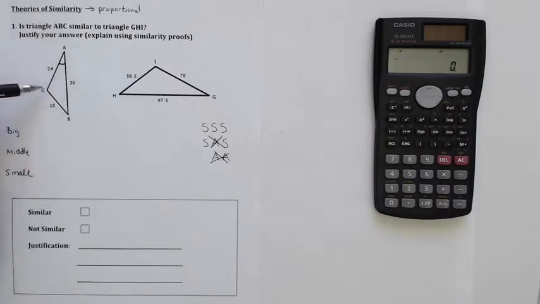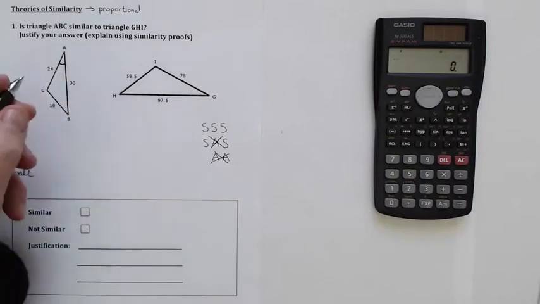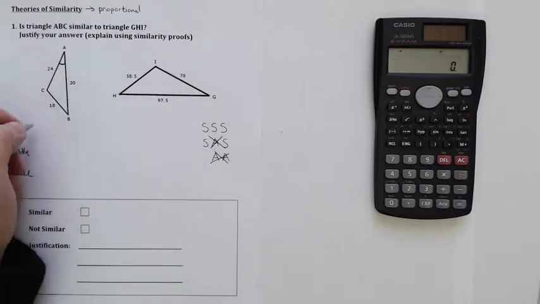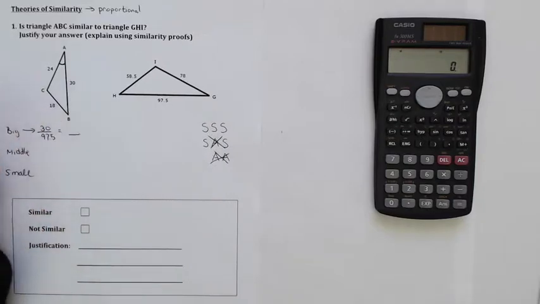So I'm going to look here for the biggest number, and the biggest number here is a 30. And the biggest number over here is a 97.5. So for the big sides, I go 30 divided by 97.5, and that's going to give me a number. We'll come back to that in a second. Now the middle: let's find the middle number.